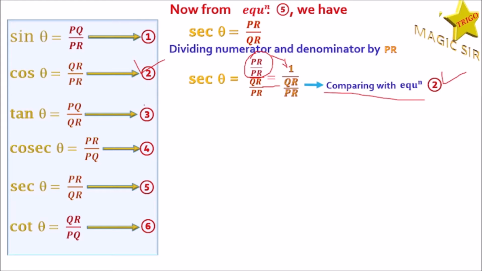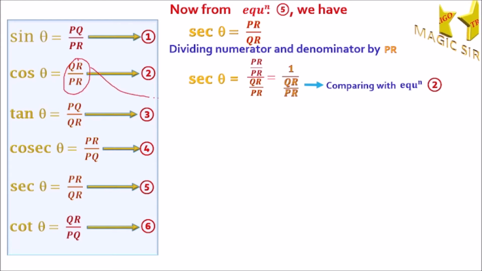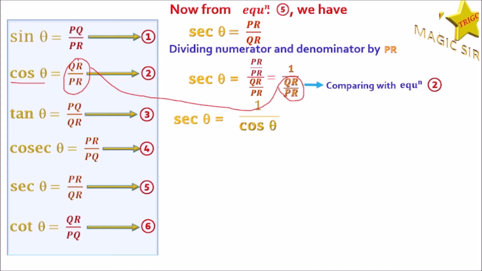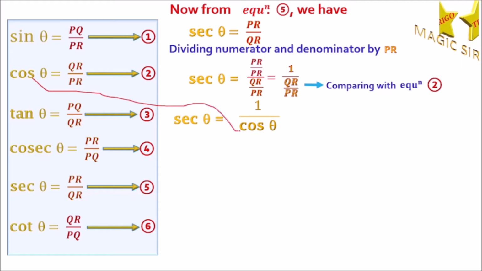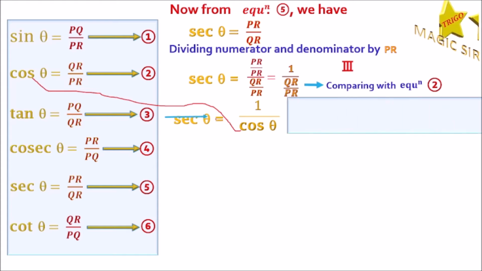Comparing with equation 2, cos theta is equal to QR upon PR, and sec theta is equal to 1 upon QR upon PR. So we can put QR upon PR is equal to cos theta. Therefore, sec theta equal to 1 upon cos theta. This is our third relation. Remember this relation.